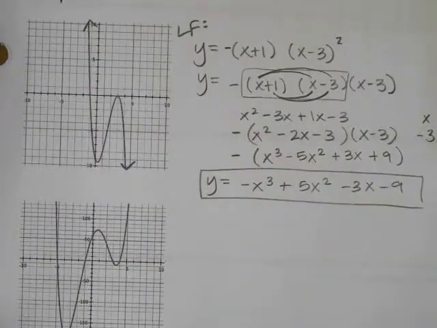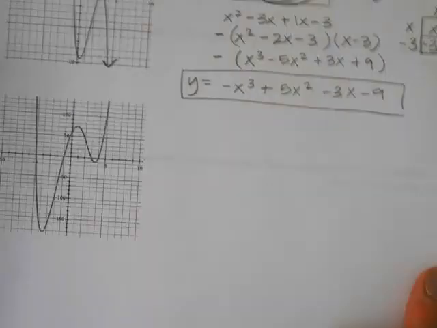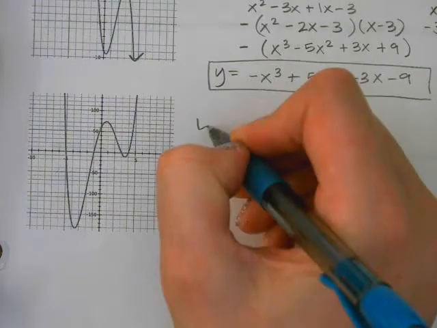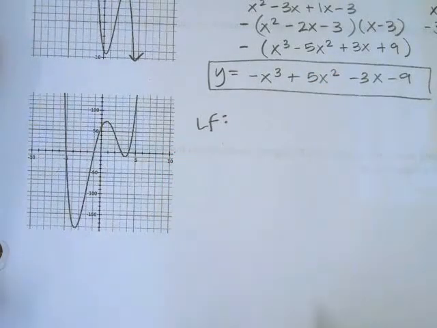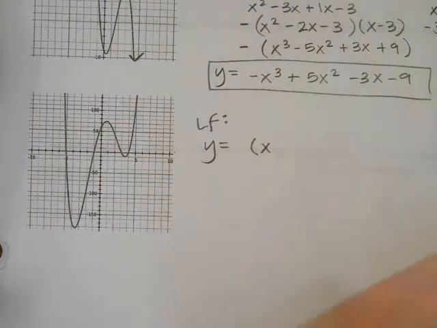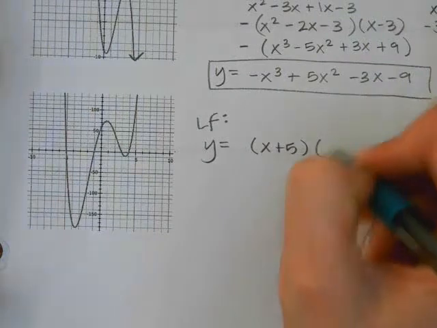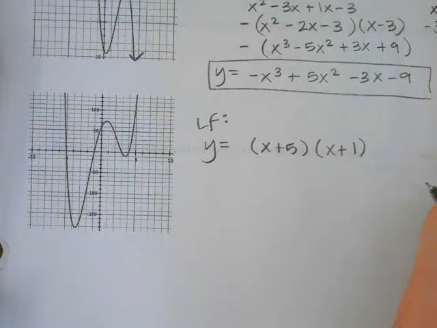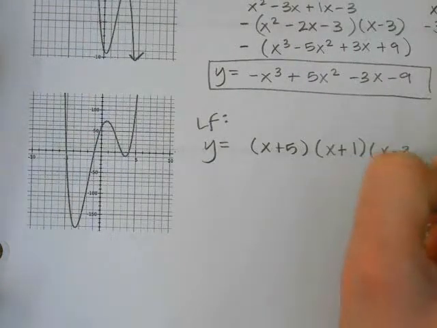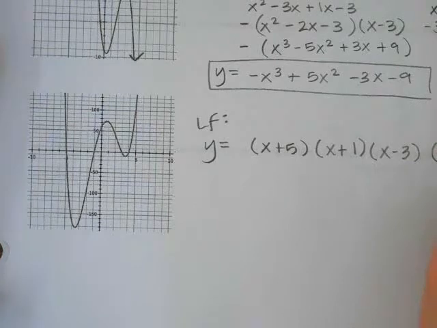All right. What would we have for the next one using the linear factorization form? X plus 5, x plus 1, and x minus 4.